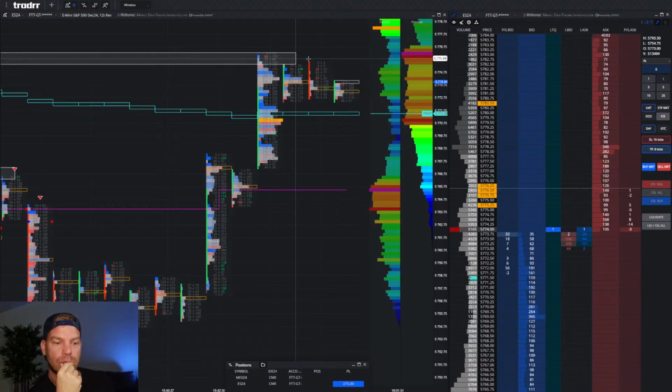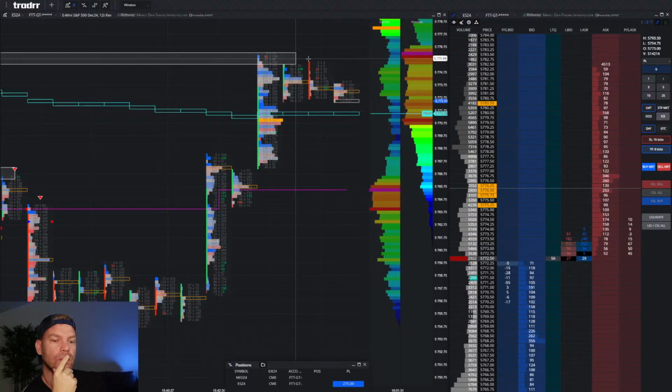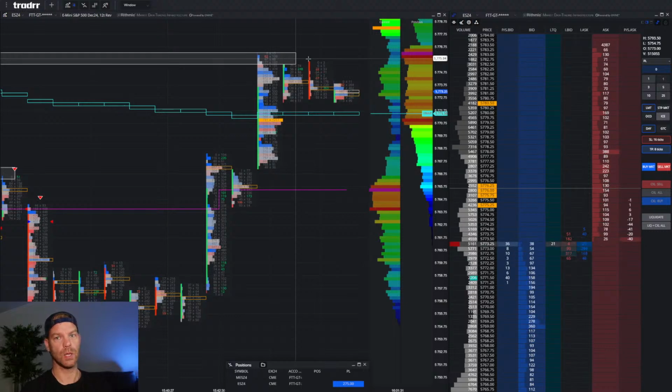And I wasn't really able to short it well. Still a little bit afraid to trade some size, too. So we're gonna see how that's gonna go tomorrow.